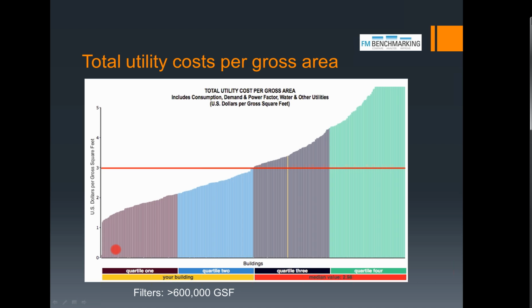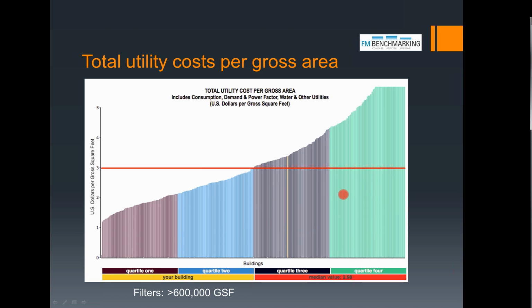Each individual line, and there's a lot of them on this chart, each vertical line represents a participant in the benchmarking study. The lines are divided into quartiles. So on my screen, which color may not be perfect, the left is the light purple and then blue and then darker purple and green.